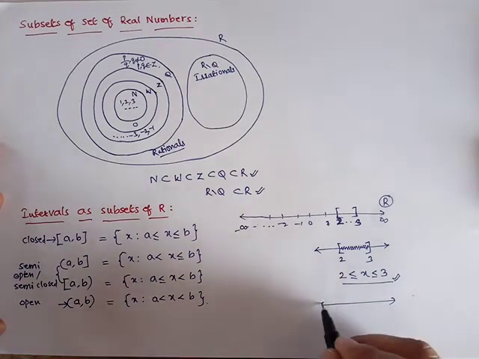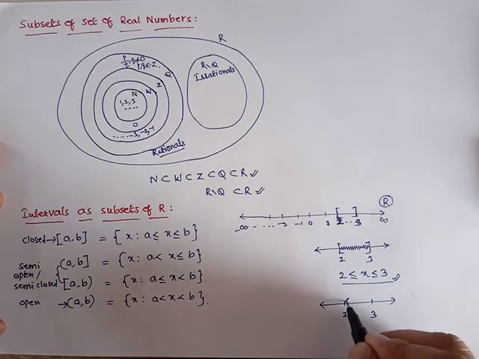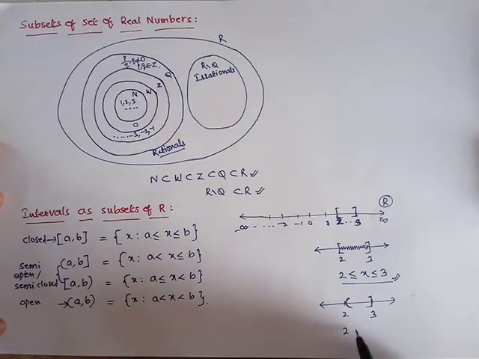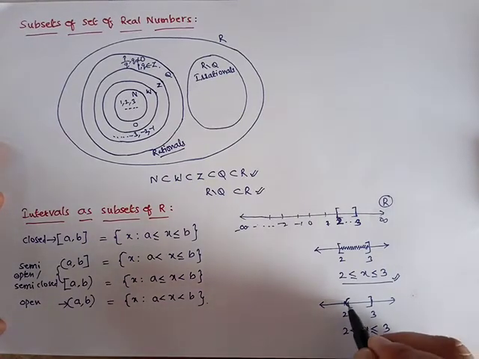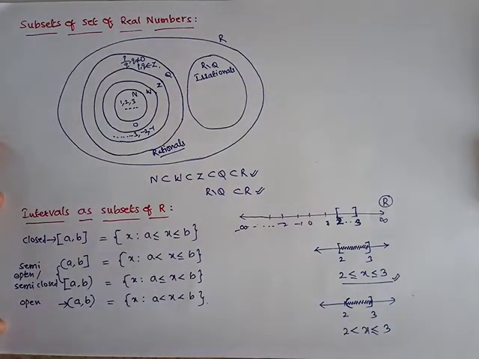So taking 2 to 3, 2 is not included and 3 is included. So 2 < x ≤ 3. The middle ones are also included, like 2.1, 2.2, 2.3 and so on.